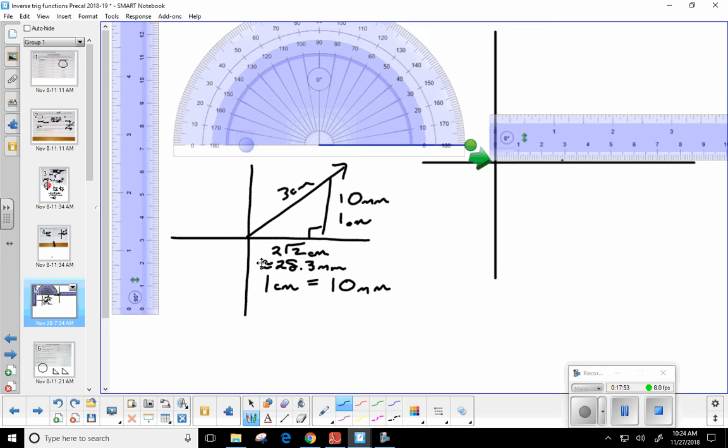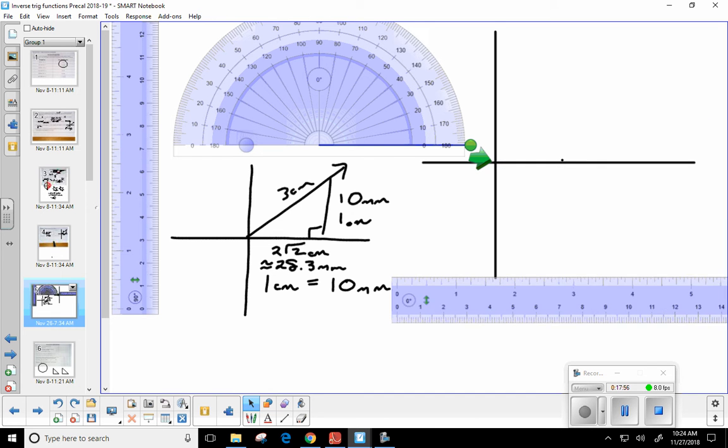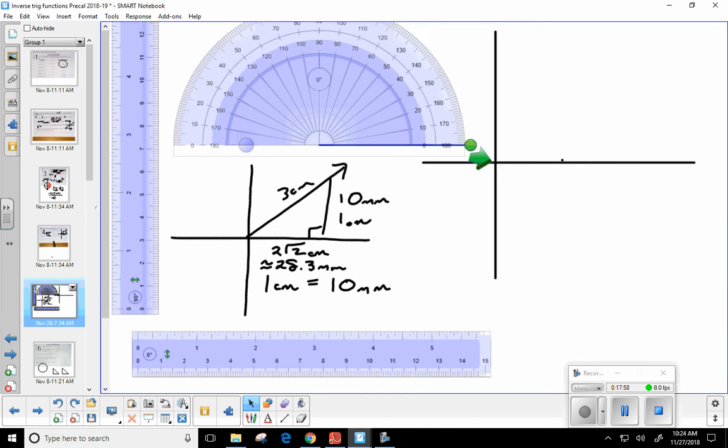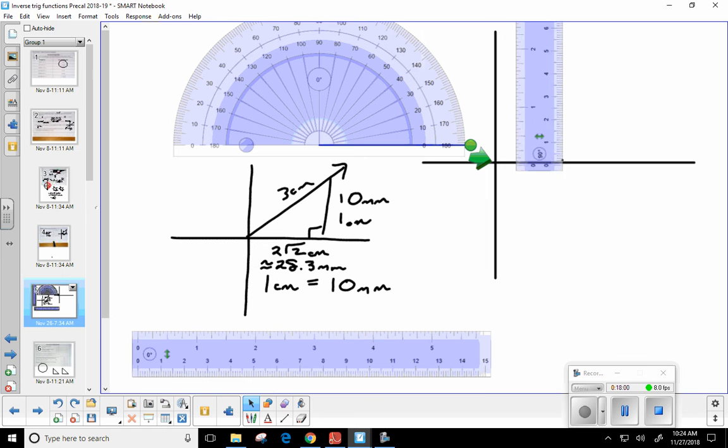Okay. Now, so I don't have to continually rotate this back and forth, I'm going to take the other one, which is already vertical, and I want to go ahead and get 1 centimeter. Okay, so I'm going to measure 1 centimeter right there.